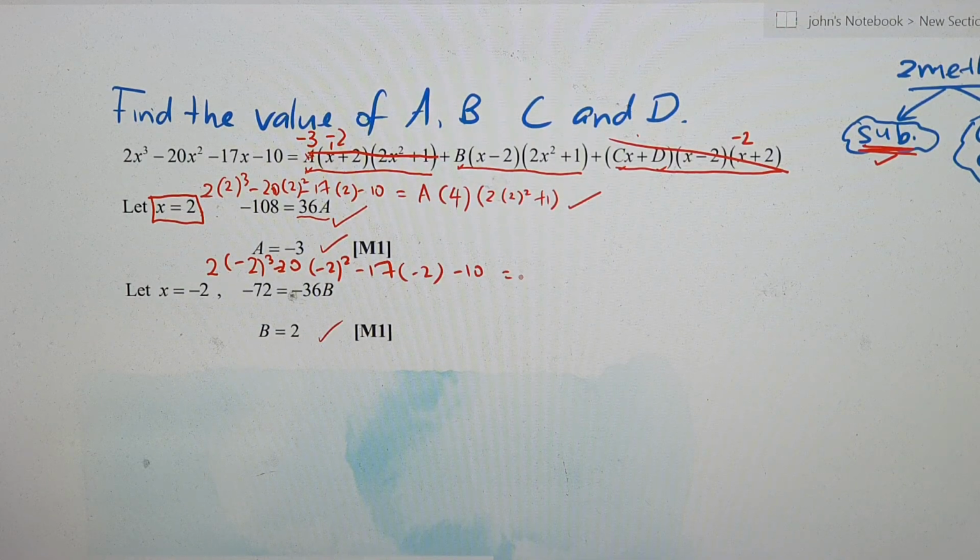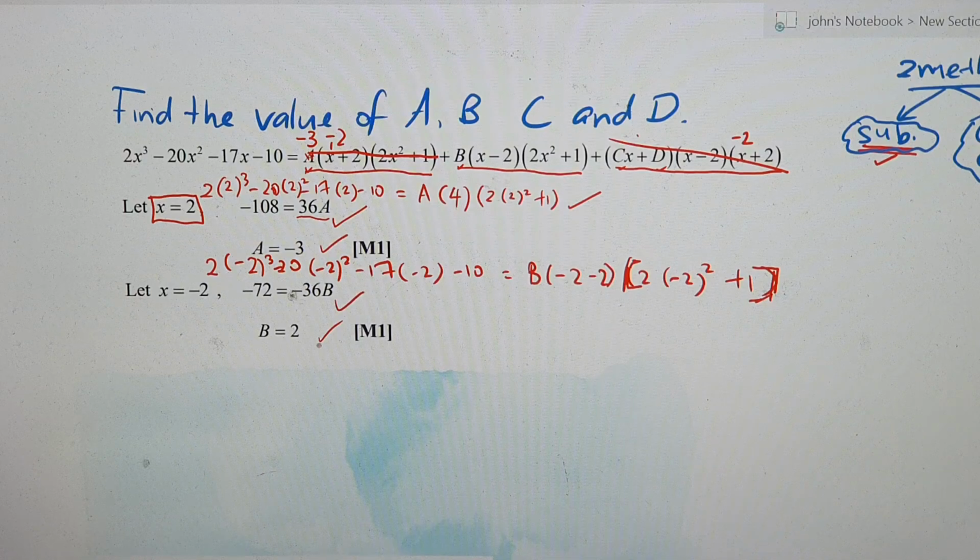Okay, then you put minus 2 here, you will get B, then 2, then minus 2 squared plus 1. Okay, be very careful here because there's a bracket here, and there's a close bracket here, and then you will get this, and then you can get the second B. Alright, so that's what you have for A and B.